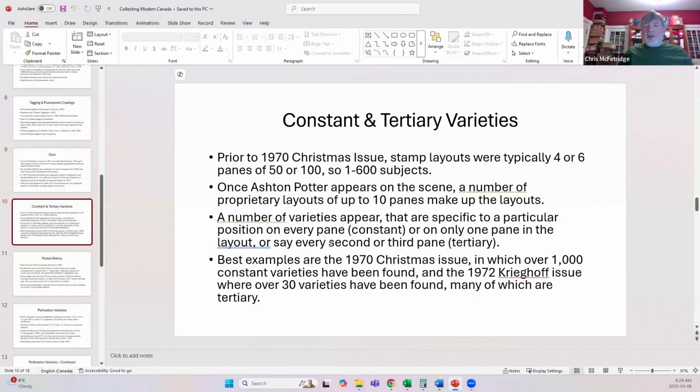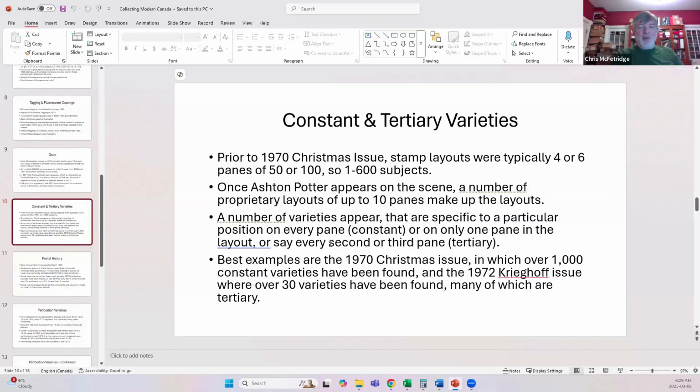Constant and tertiary varieties. So that's the next aspect of modern stamps. Whenever the plates are produced for the modern stamps, there are little anomalies that arise in the design.